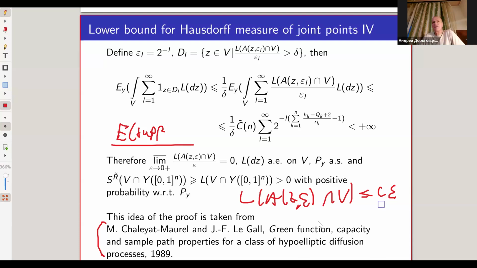Yes, I understand that if we consider hypoelliptic diffusion in Euclidean space and have an Aronson type estimate on the density, then of course I think we can prove something like the law of iterated logarithm. Yes, you're right. Maybe we can just use estimates on the density, on the heat kernel, maybe something else.